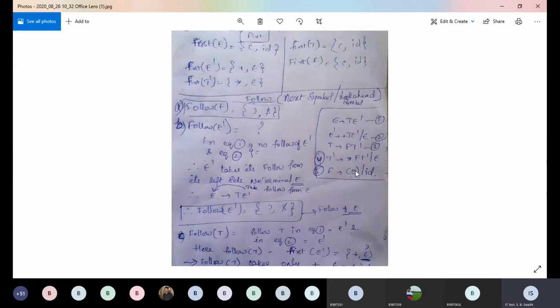Whatever string they give to find out whether you can generate a particular string from these productions or not, before checking with the string, we are trying to find out whether the given productions E, E dash, the 5 non-terminals given on the left side, can be replaced with terminals or not. That we are going to find first. Then we can check with the given string.